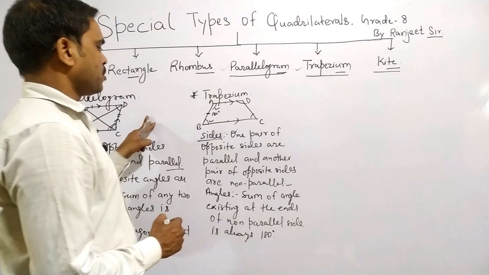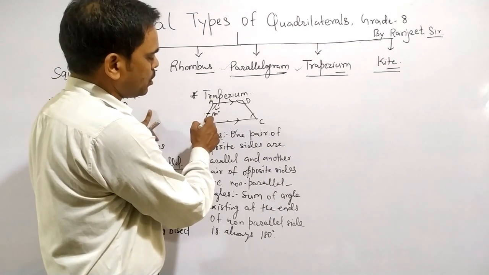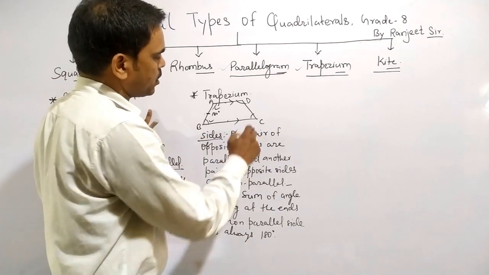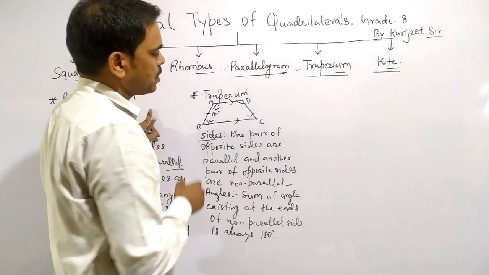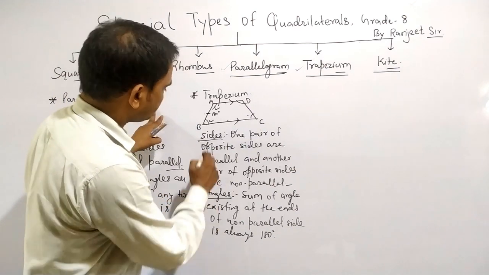This is another property of angles. It means angle A plus angle B will be 180 degrees, and in the same way angle C plus angle D will also be 180 degrees. So for the angles I have done.